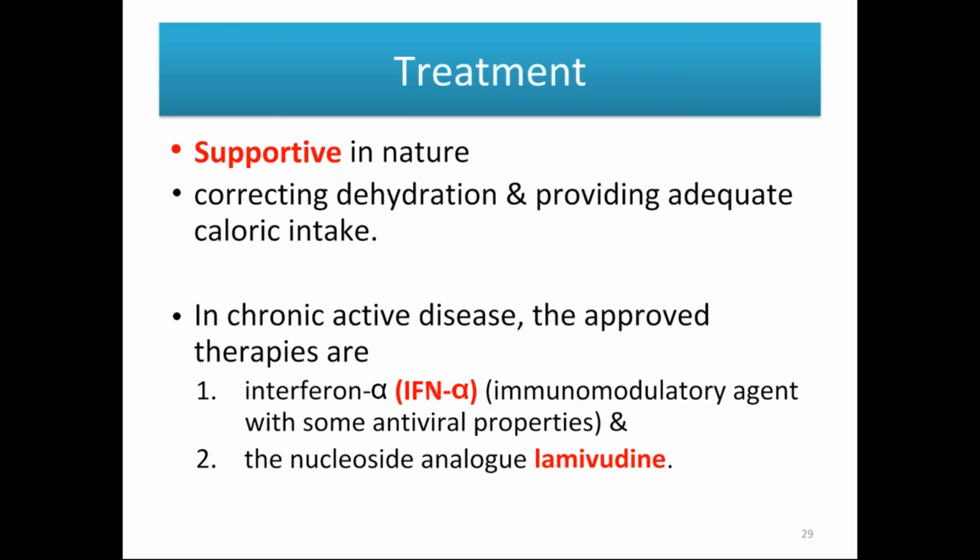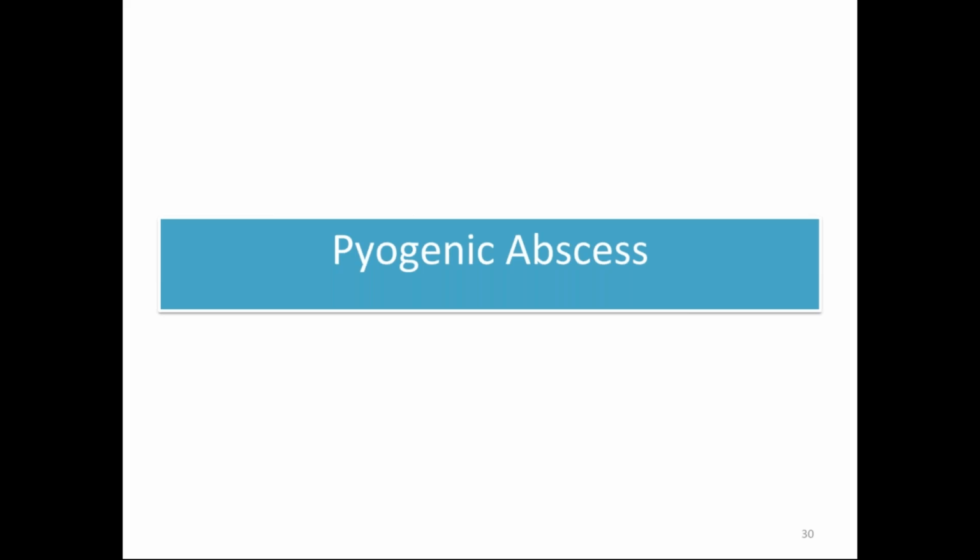So the approved therapies are interferon alpha and lamivudine, which is a nucleoside analog. So that is in brief about viral hepatitis. And the other thing that you should remember is, if the patient goes into cirrhosis and end-stage liver failure, the only treatment of choice available is transplantation. Liver transplant can be done.